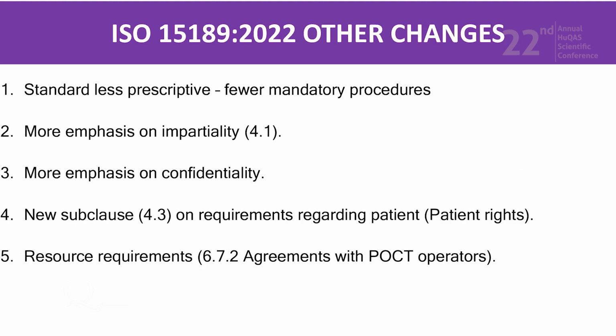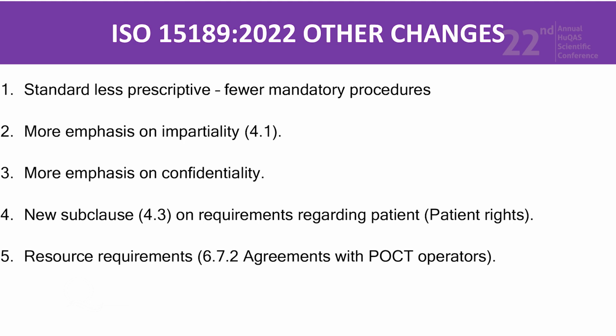Now, of course, there are other changes across the standard. Just to highlight a few of them, this new standard now has fewer mandatory SOPs. In the other version, we used to hear that the laboratory must have an SOP for, let's say, referral laboratories, an SOP for personnel management, an SOP for external services and supplies.